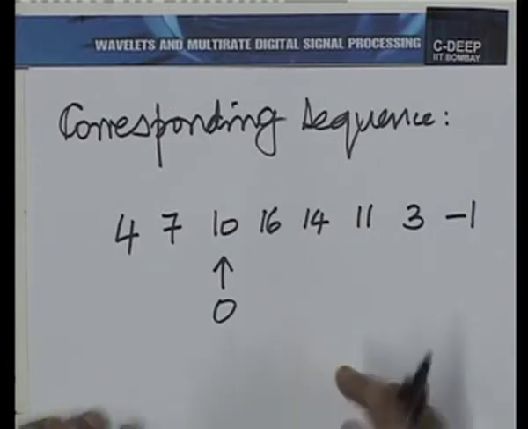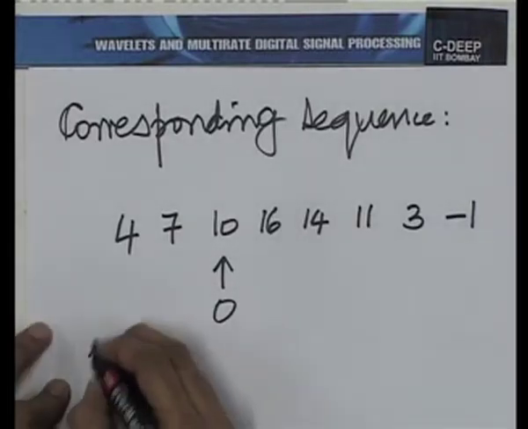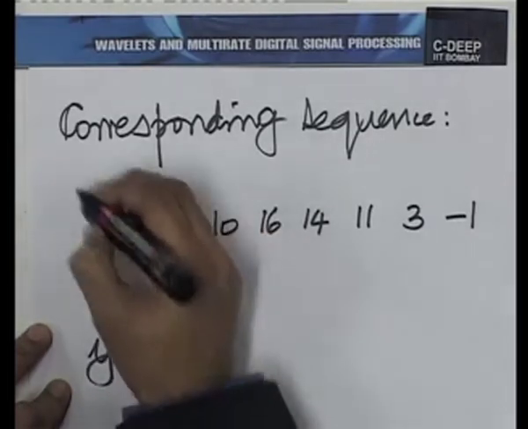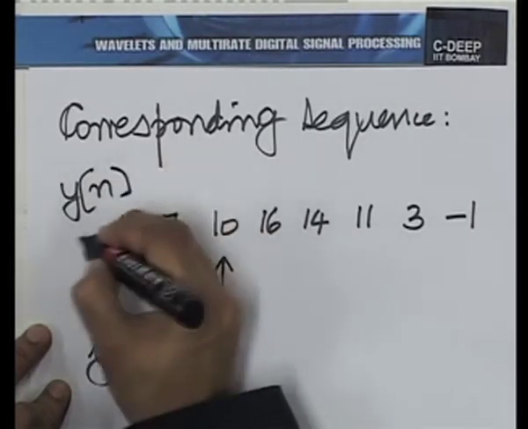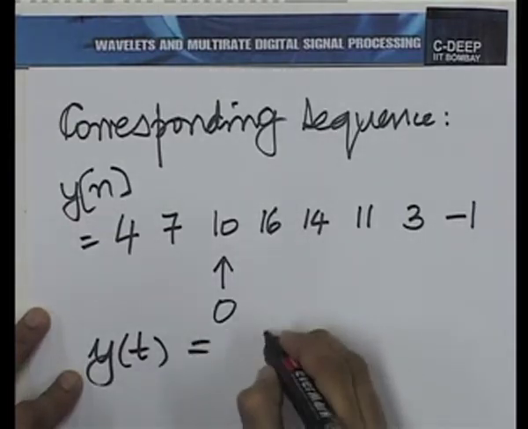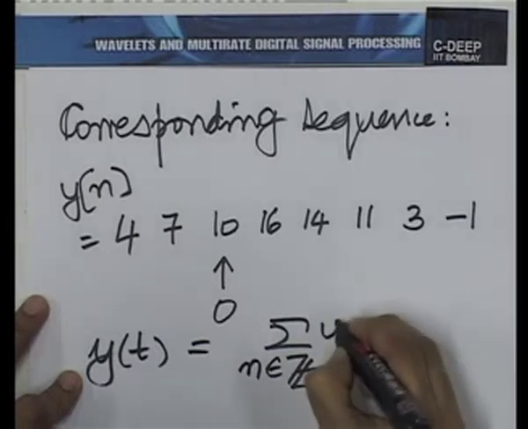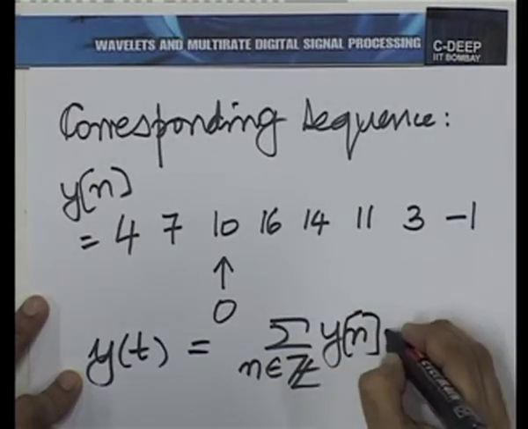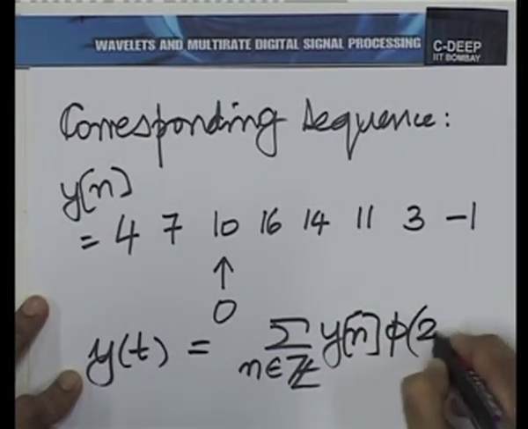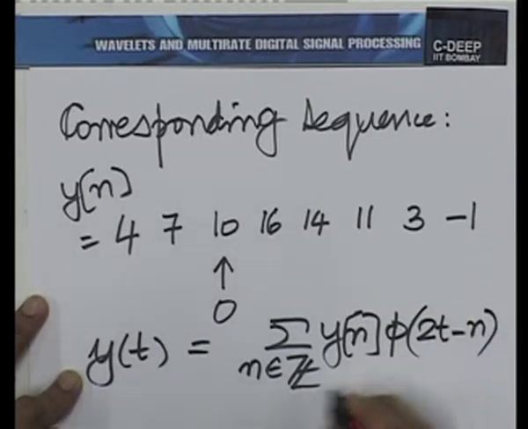So, in fact, what we are saying in effect is, if I call this sequence y[n], y(t) is the summation over all the integers n of y[n] phi(2t minus n). That is important.